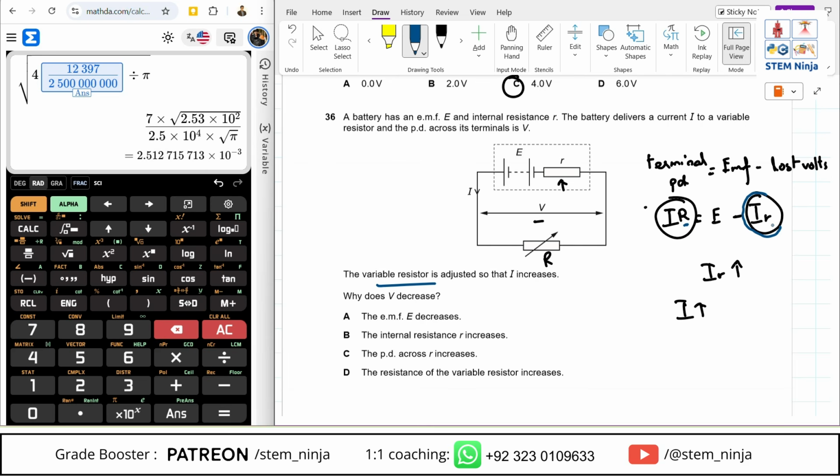Lost volts will increase. The terminal potential difference would decrease. So EMF increases, no, EMF remains constant. Internal resistance r is also constant. Potential difference across r increases. This is the only thing that is correct. So 36 is C.